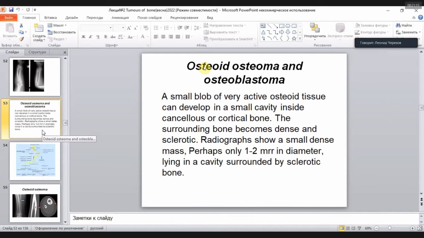The surrounding bone becomes dense and sclerotic. Radiographs show a small dense mass, perhaps only 1 to 2 millimeters in diameter, lying in the cavity surrounded by sclerotic bone.